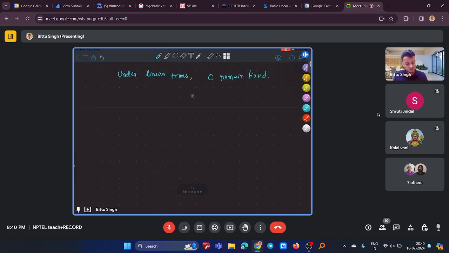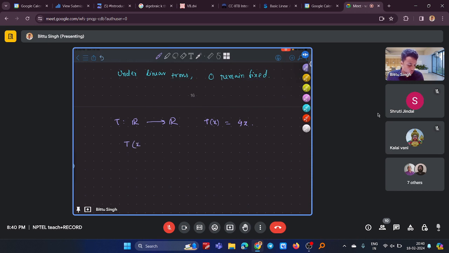So what are the examples of linear transformations? Consider the stretching. Suppose T maps R to R, such that T of x is 4 times x. Then this is actually a linear transformation. Why?